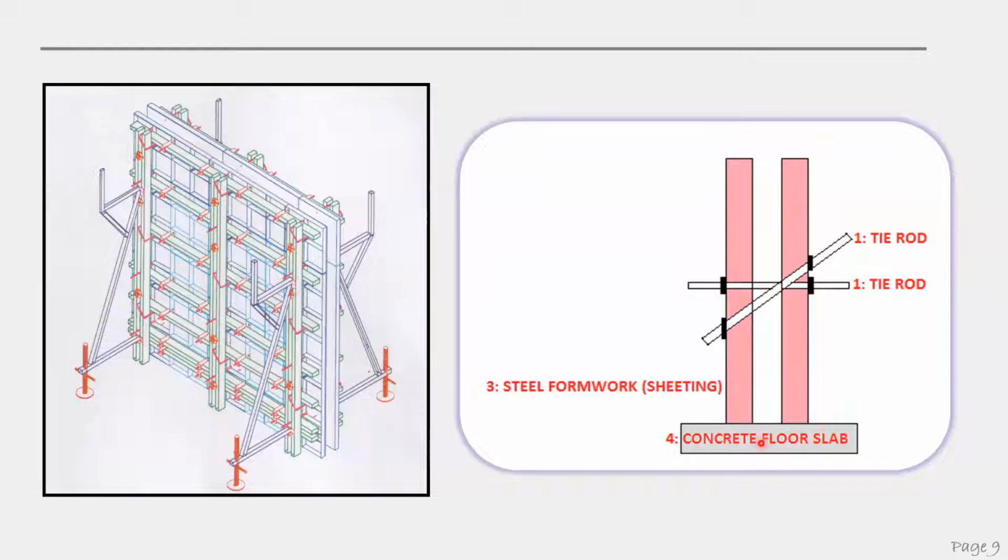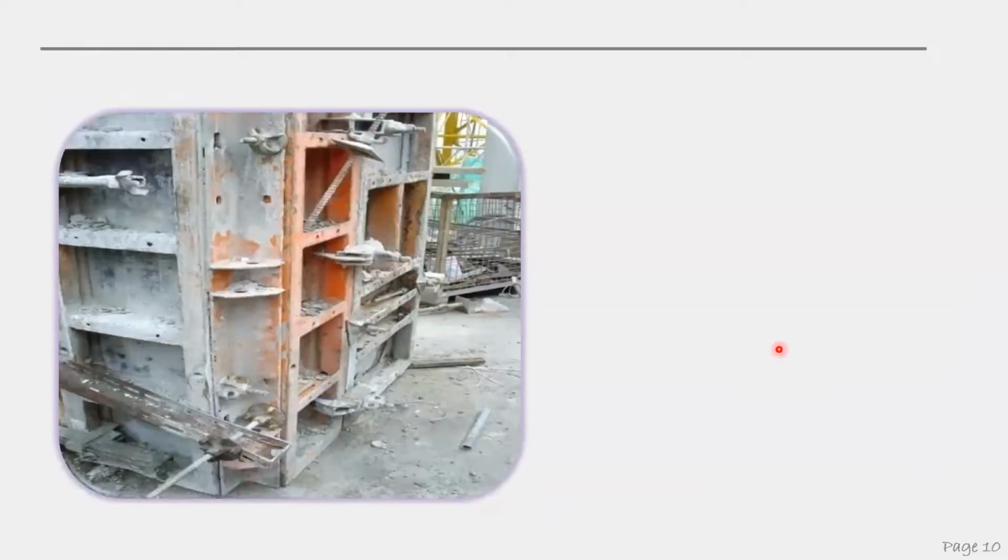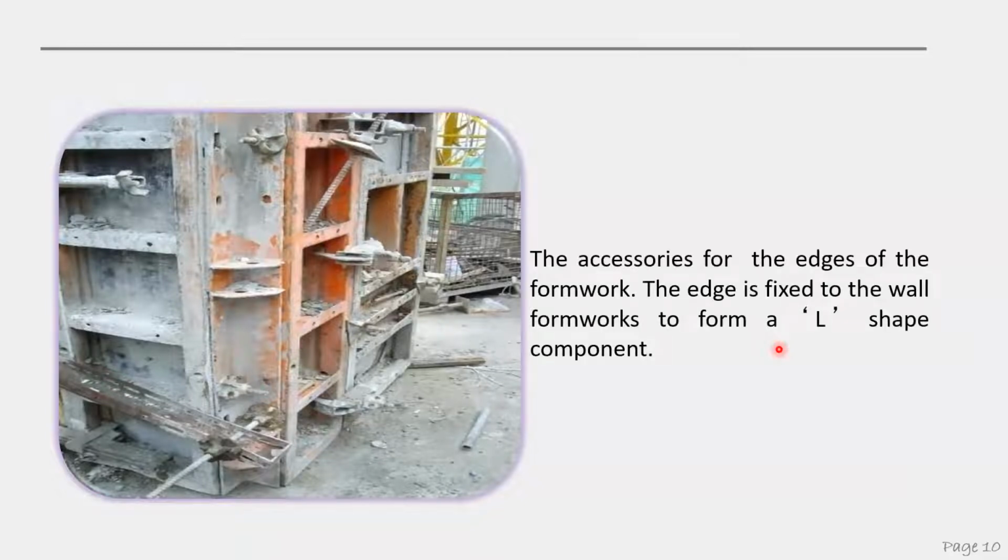You have a concrete floor slab and you have a wall. This is an example of steel formwork for wall. This is the edge of the formwork, the L shape, which forms the corner of your wall and also the corner of the column, for instance.